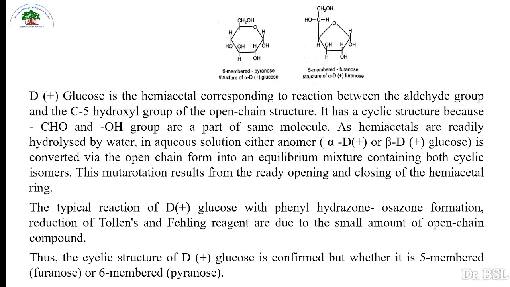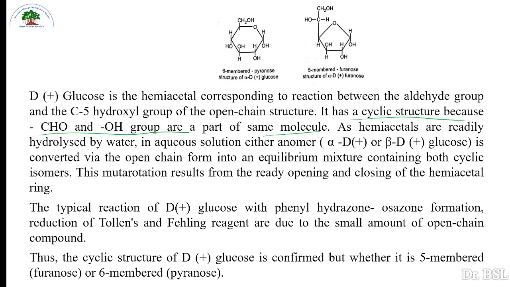So D-(+)-glucose is the hemiacetal corresponding to the reaction between the aldehyde group and the C5 hydroxyl group of the open chain structure. It has a cyclic structure because CHO and OH groups are part of the same molecule.